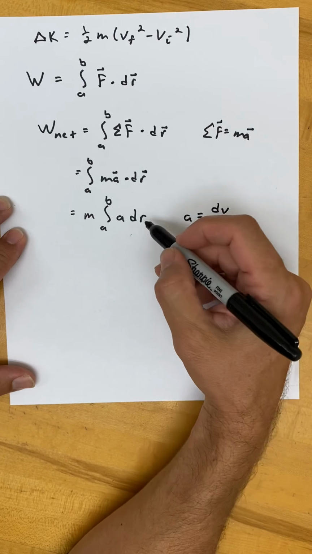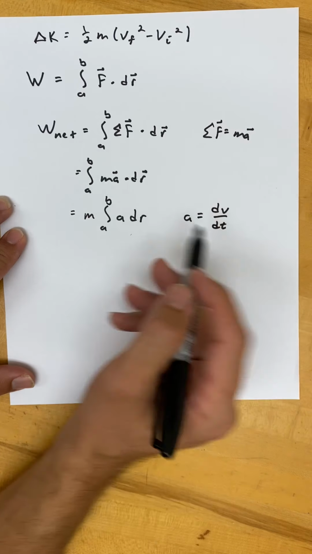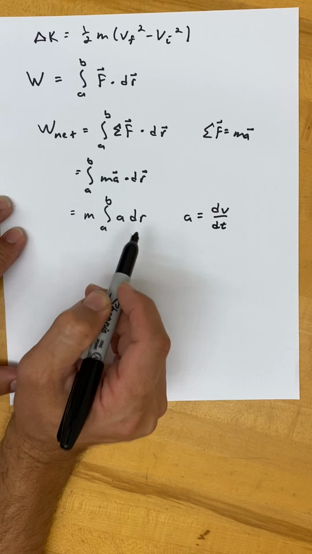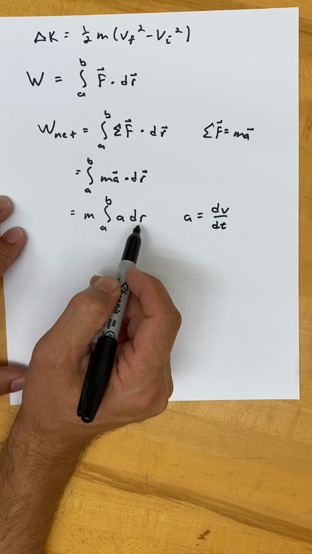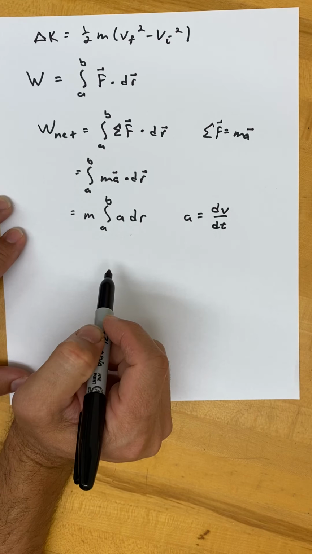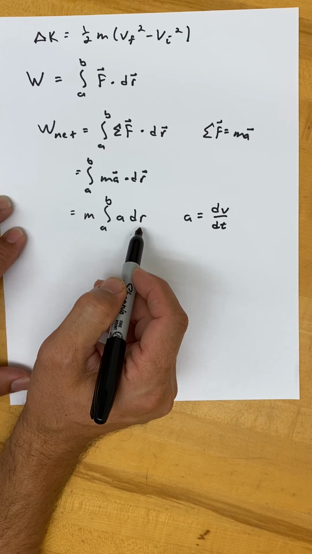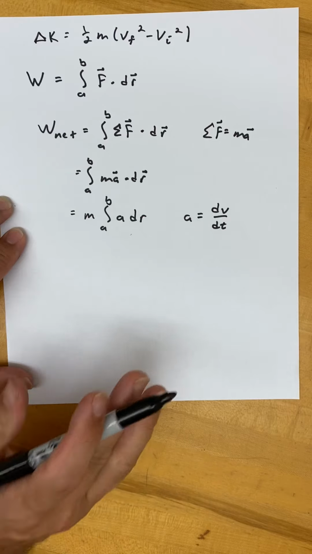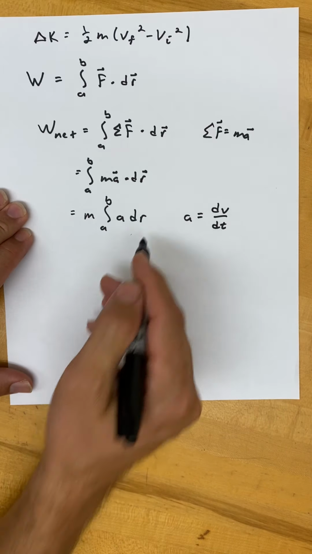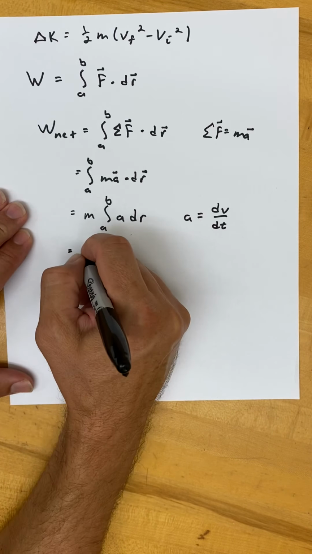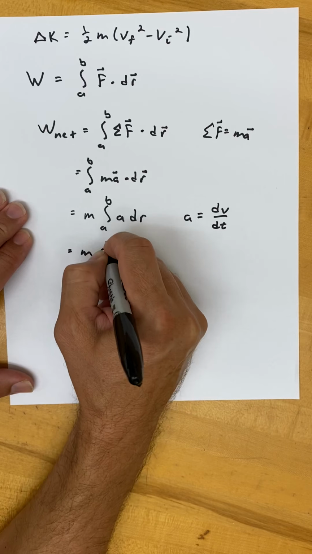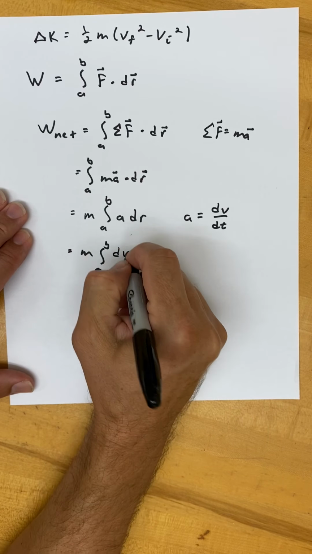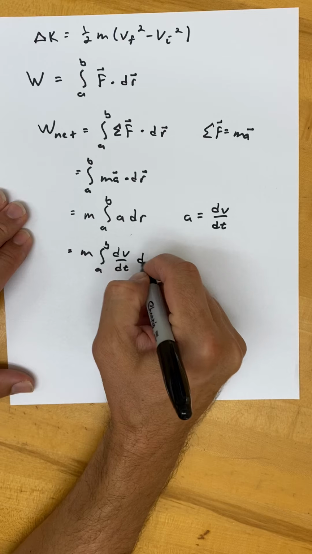I'm also going to let dr, which remember is just my placeholder for some spatial differential, why don't we just introduce an old friend here and call this dx, right? It could be dy, it could be dz. You could do this integral 3 times, 1 for each direction, and sometimes you'll have to do that. But let's just keep it simple and rewrite this as the integral from A to B of dv/dt dx.